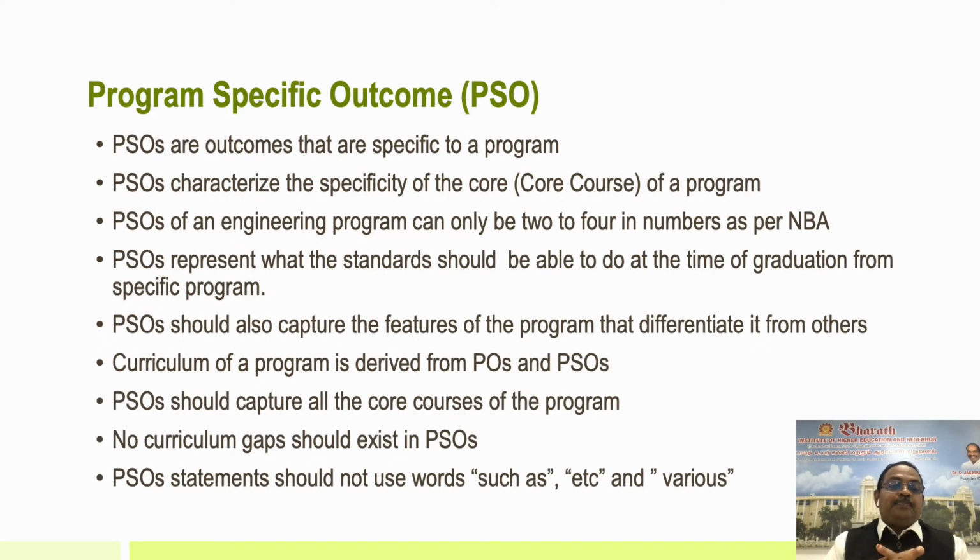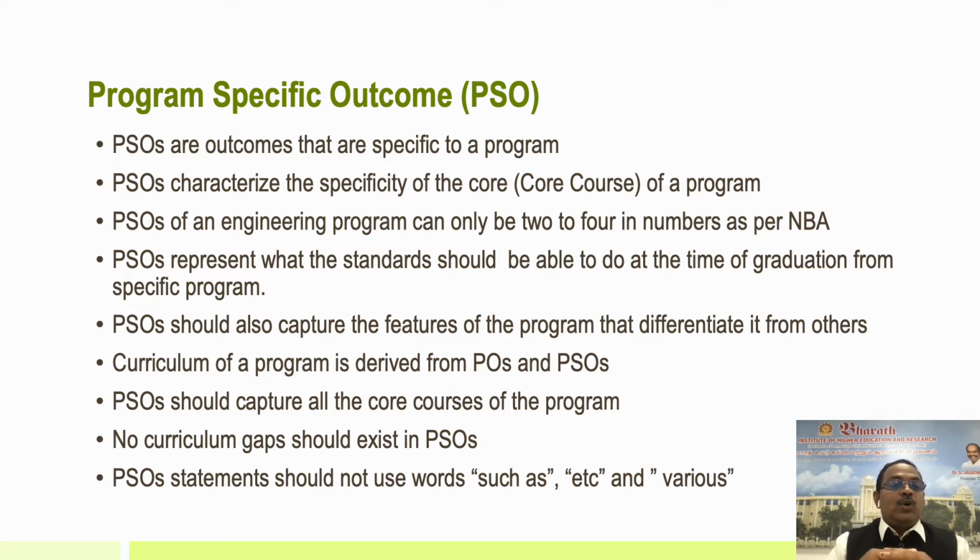And the PSO. The PO is adopted from the Washington Accord standard by the NBA, but the PSO is designed by the institution. It is specific to the particular program. So PSOs are outcomes specific to the program, and they should be relevant to and concentrate on the core of the course.